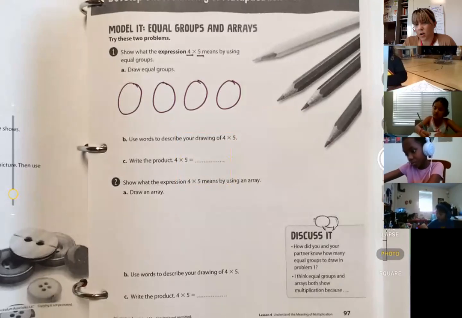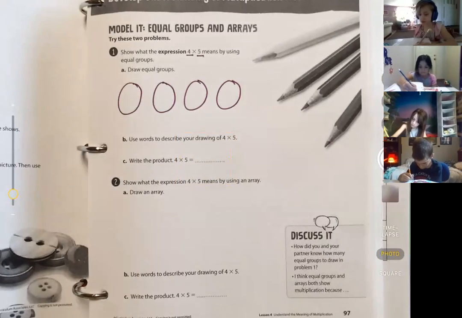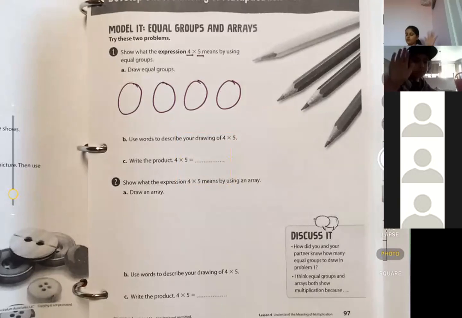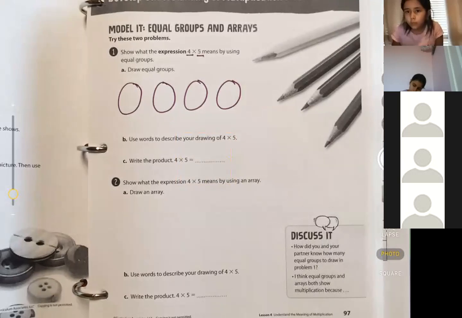And then somebody tell me how many things are in each group. So looking at our equation, 4 times 5, Marcelo, how many are in each group? 5. 5. Okay, so now in your groups, draw 5.